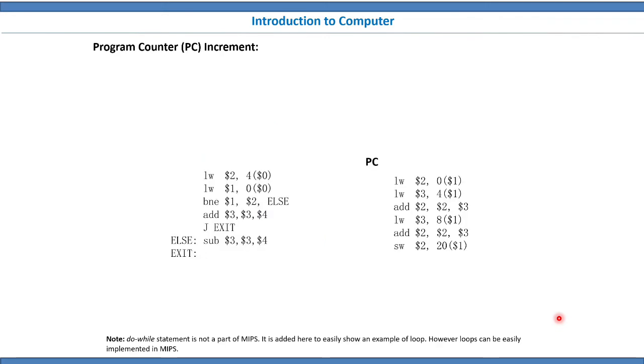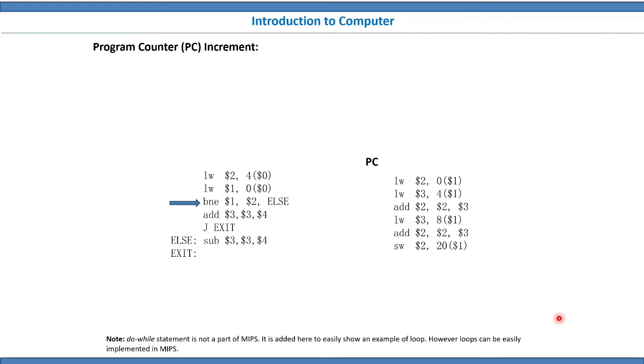Now if we try to understand the program counter in a more detailed way, first of all it will fetch this instruction. After fetching this instruction, the program counter will increment by 4, and it will fetch the next instruction, and again the program counter will increment by 4, it will fetch this instruction, then this. It will go like this if the program is sequential. But in this particular case, after this it will fetch this instruction, and this is a branch instruction.